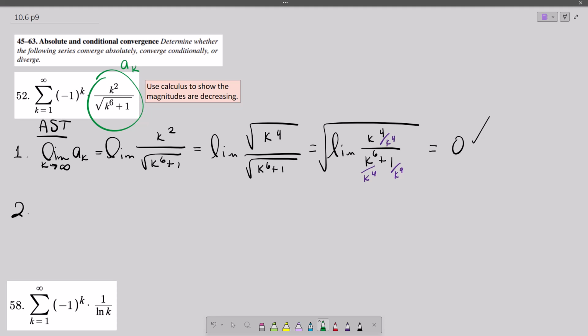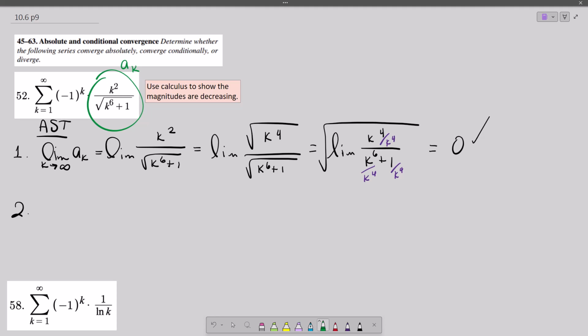So they have to go to 0 for sure, but they have to go to 0 fast if you want convergence. So this just says, okay, they're going to 0. Are they going to 0 fast enough? That's what this next piece of the test tells us. If these are shrinking and going to 0, that's fast enough with an alternating series.